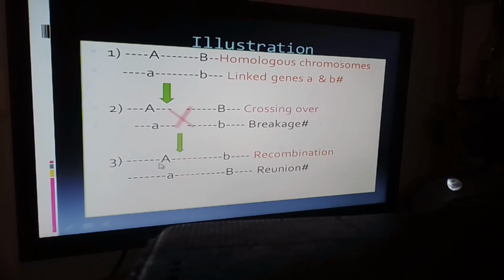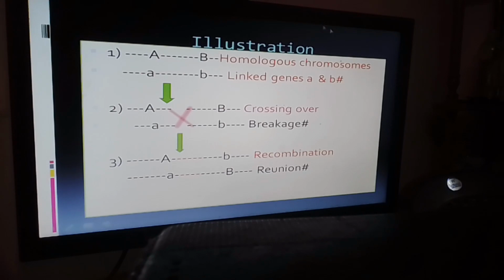The process of the reunion and becoming a normal gene with the new genes is called recombination. What I mean by normal gene is that small b becomes a normal linked gene with capital A after the reunion. Similarly, small a and capital B become normal genes, which will work normally as if on the same chromosome. They will not behave like genes on different chromosomes.